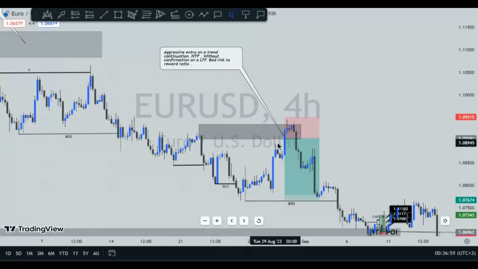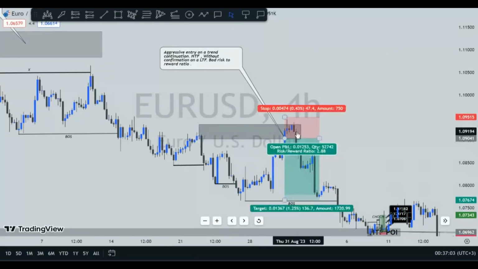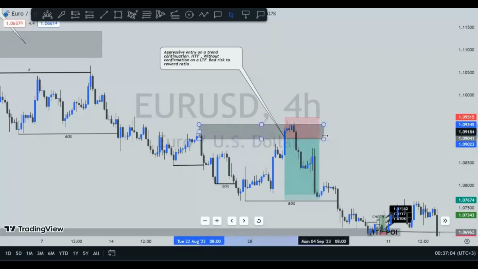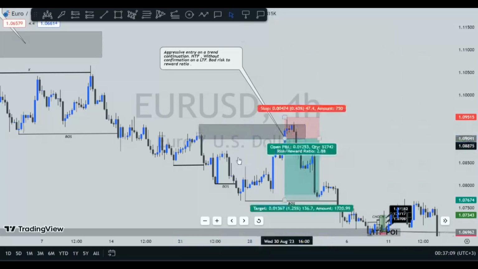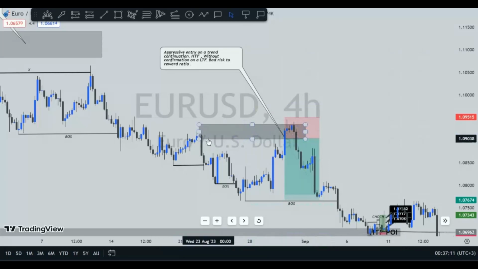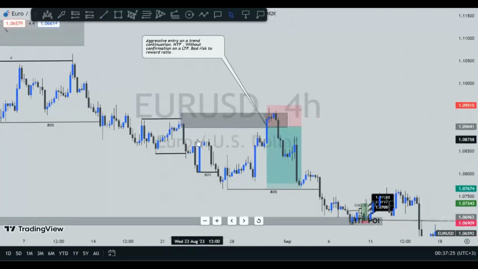Now after a break of structure, normally you always mark your higher probability order blocks. As you can see here, this one is my higher probability order block, because it left behind inefficiency, and it took out this high, making it a higher probability order block.